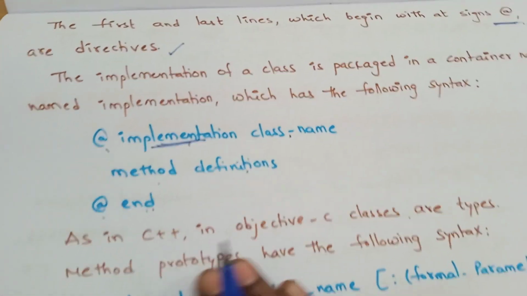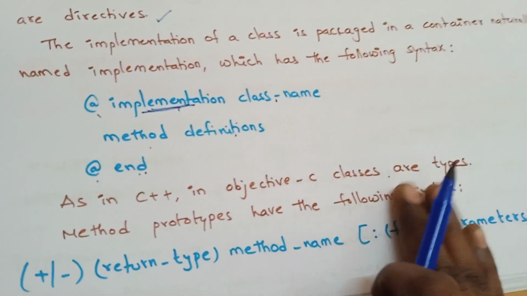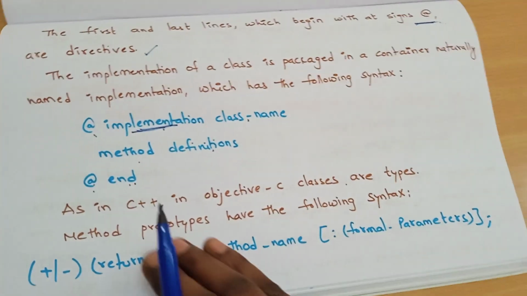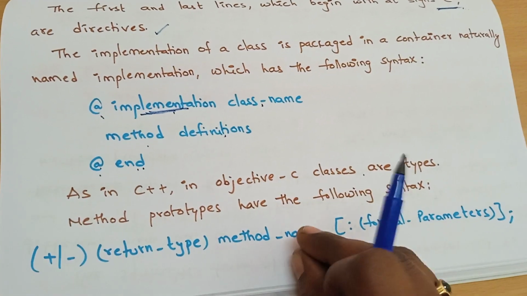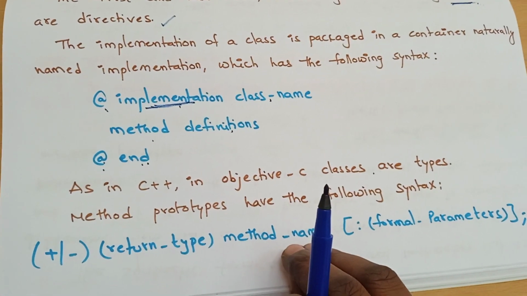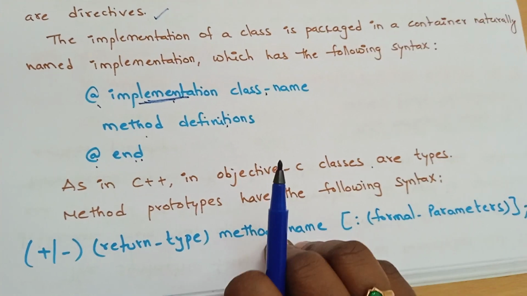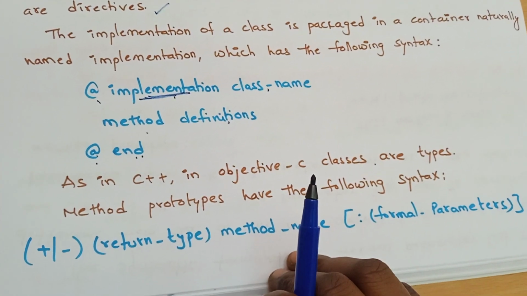As in C++, in Objective-C classes are types. Method prototypes have the following syntax. This is a bit different from the programming languages we have seen before.